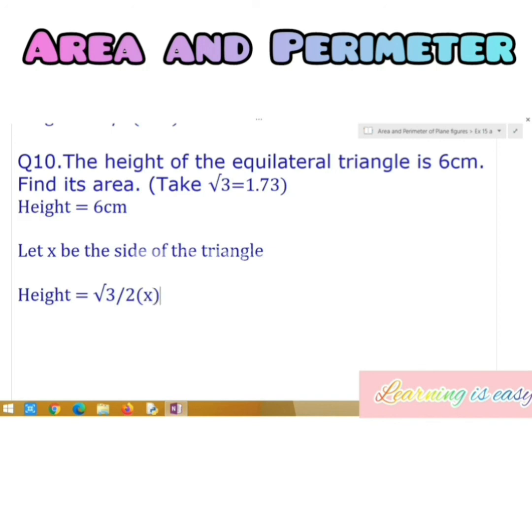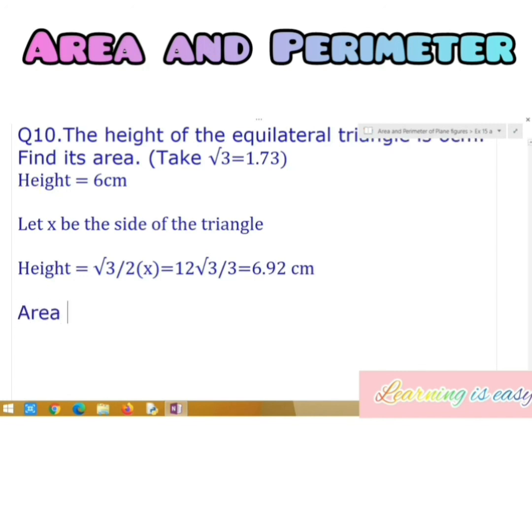And LHS is already given, that is 6. So by substituting, we can get the value of x, that's the side, which is 12 square root of 3 by 3, which can be written as 6.92 centimeter. That's the side.